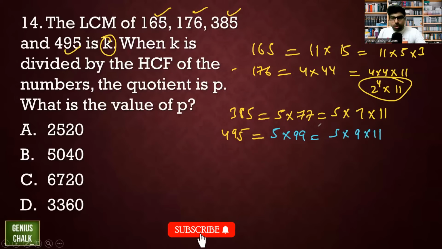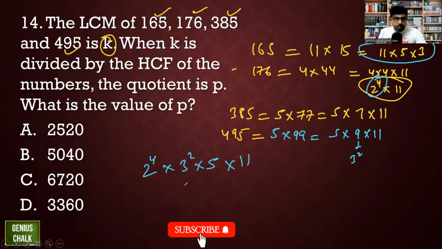Right? So this is 3 square. So let's find the LCM first. Highest power of the first prime number 2 is 4, so 2 to the power 4. Then the next prime number is 3, which is 3 square. After that 5, and after that 11.